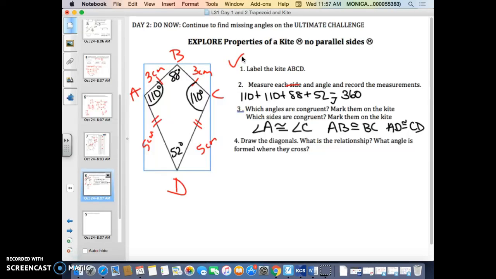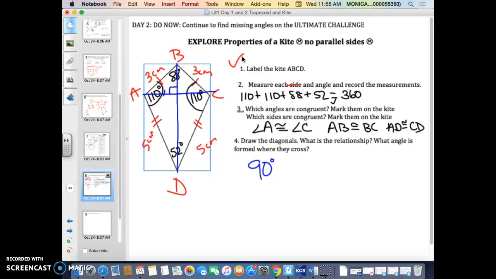Now it says to draw the diagonals. One diagonal is going straight down, and the other one's going straight across, like that. I measured this angle here, and I realized it does make a 90-degree angle. So the diagonals are going to make a 90-degree angle where they cross. And they also bisect each other. Well, they don't bisect each other.